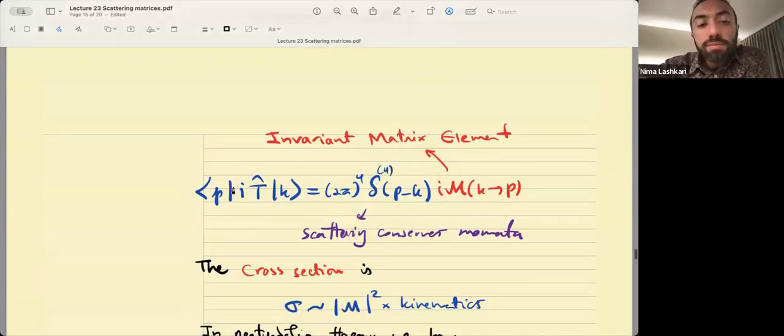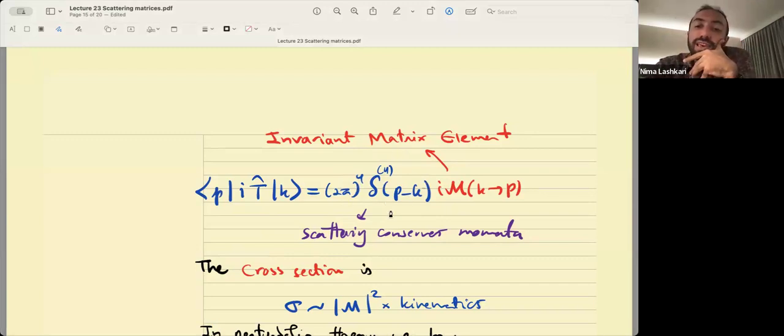If you look at the matrix elements of the T operator, as we saw in the first Feynman diagrams that we worked out, there will always be a conservation of momenta. I think that's an important law of physics.